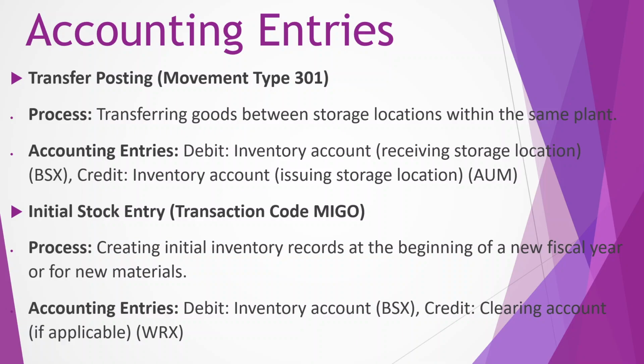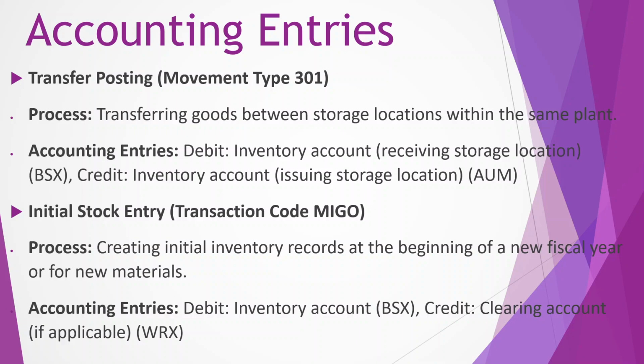Then for initial stock entry, this is basically like you are receiving the goods through the MIGO transaction code. The process is creating initial inventory records at the beginning of a new fiscal year or for any new material which is coming up.